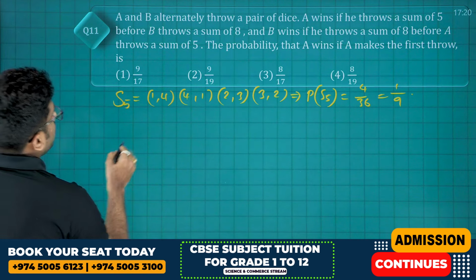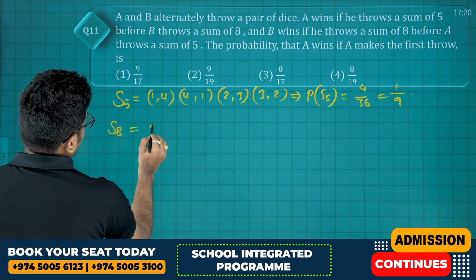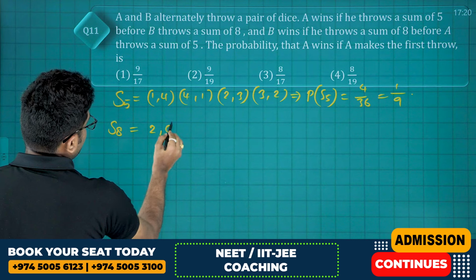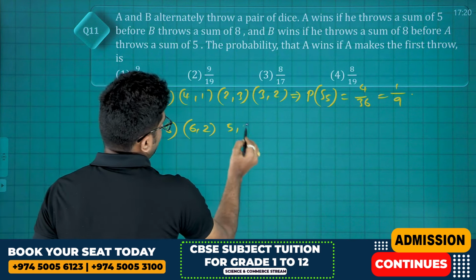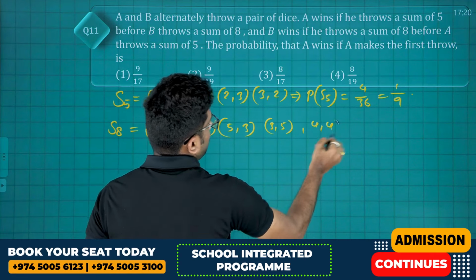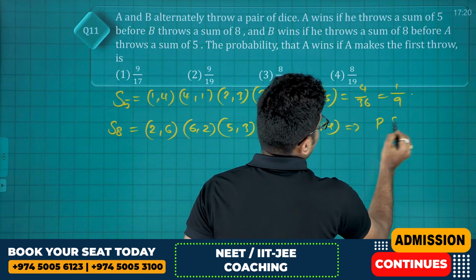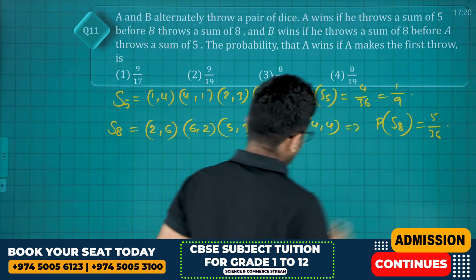Now B throws a sum of 8. Sum 8 means 2 6, 6 2, 5 3, 3 5, 4 4. So probability of getting sum 8 is equal to 5 by 36.